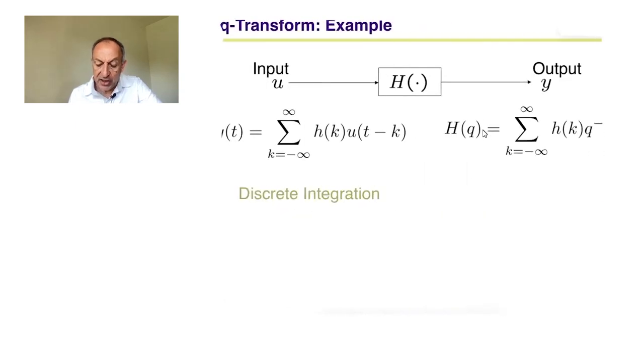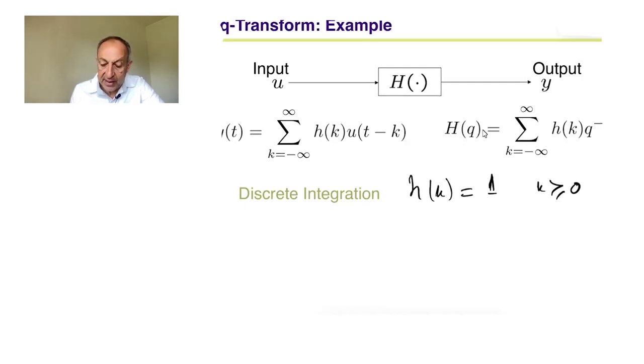Now, one thing that is actually quite interesting about this is that, well, let's just take an example. I like the discrete integration example because it's a very simple example. Remember, h of k here is just equal to 1 for k greater than or equal to 0. So what would be the Q transform of this?